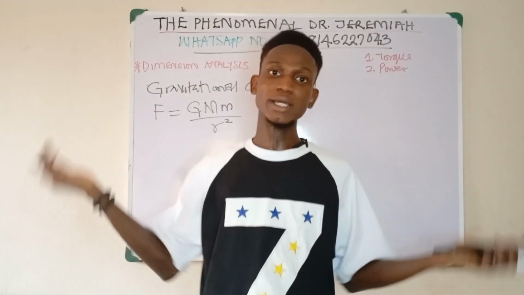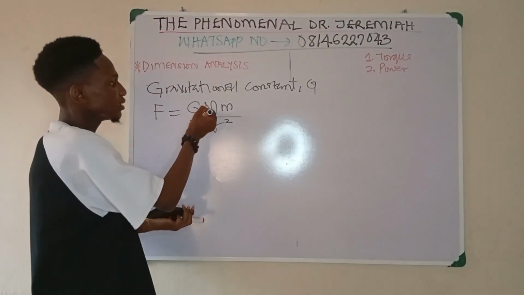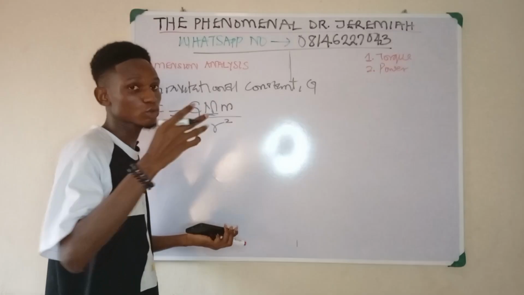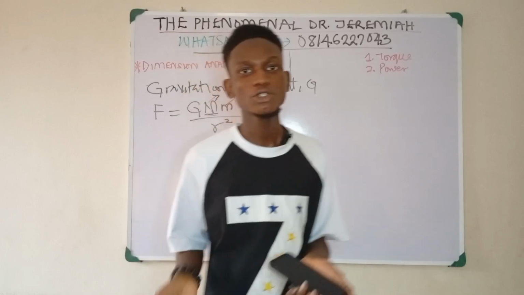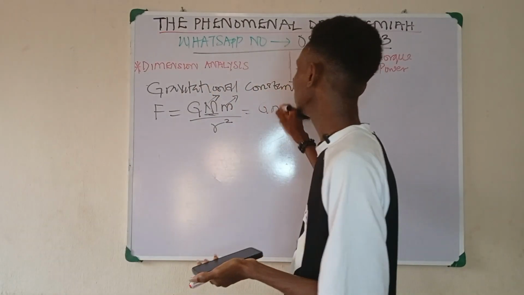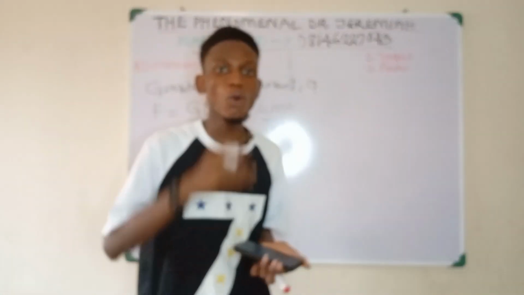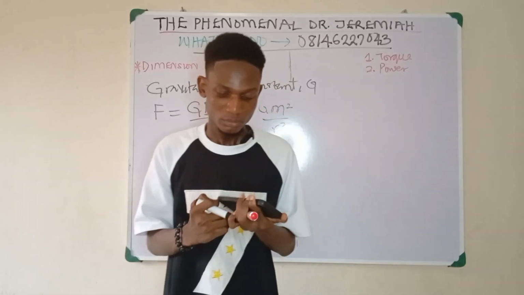You can write m squared anywhere before, but I like writing m1 m2 because there are 2 planets or 2 bodies involved. One is for the first body and this is for the second body, just to differentiate them. If you multiply them, it will give you G m squared over r squared. So this is what we're going to be using to look for the dimension of the gravitational constant.